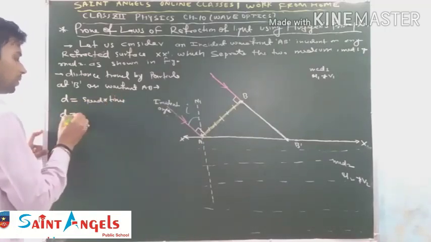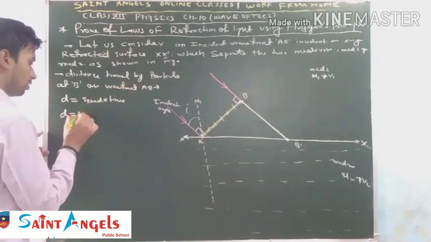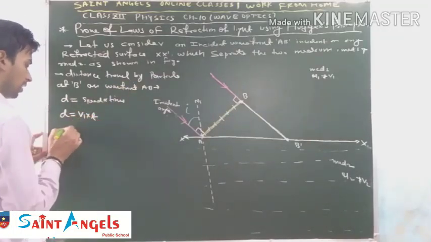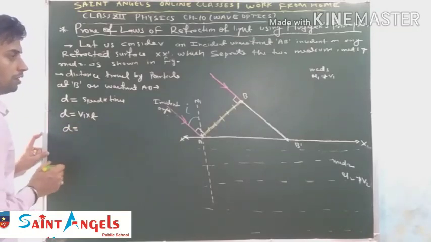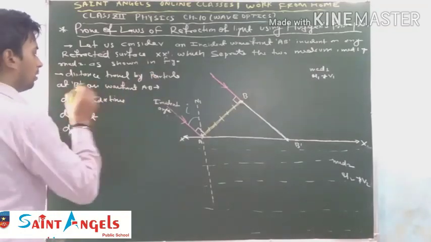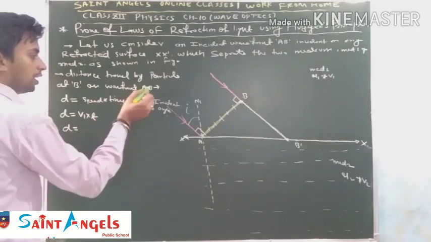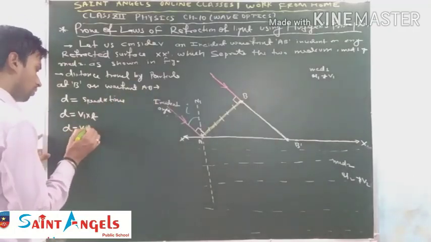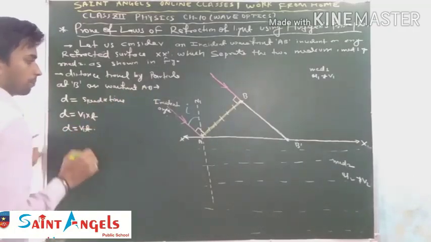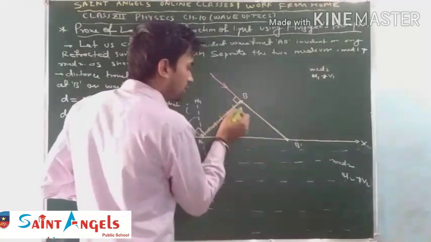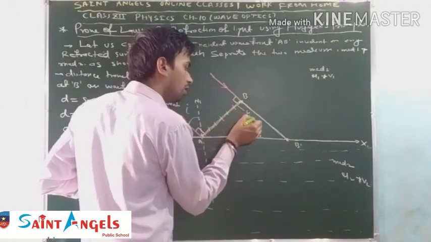So in this medium, the speed of light is v1 into time t. So the distance traveled by particle B on the wavefront AB in time t is v1 t. So this distance is equal to v1 t.